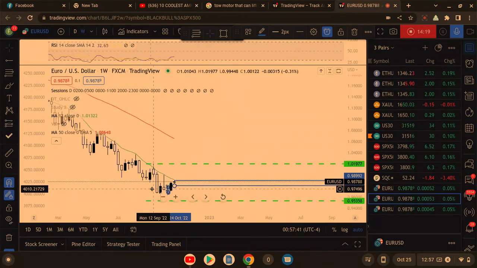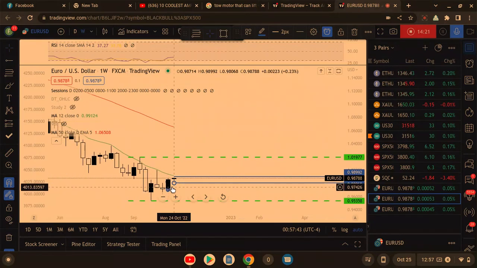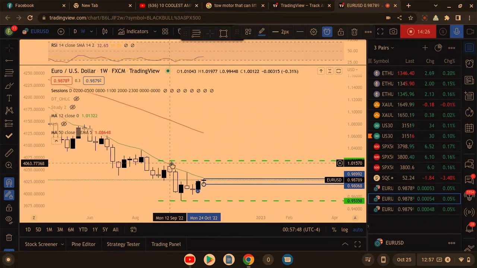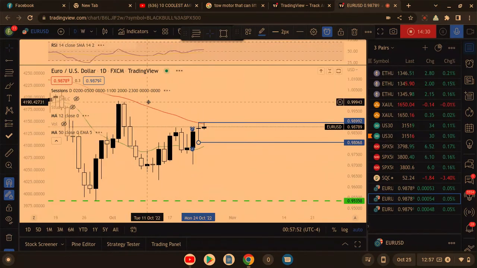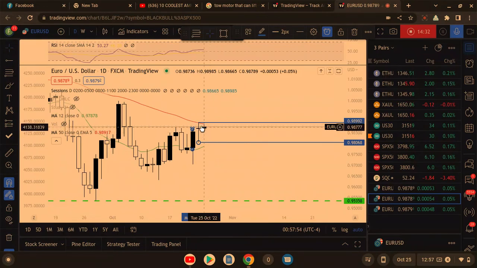And you also can see we're at indecision, a 12-day moving average on this week. So did we get a break of high from Friday? Friday's high is 98692, and the close of Monday did close above.